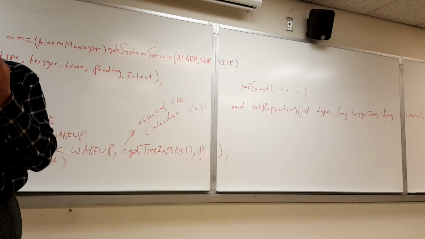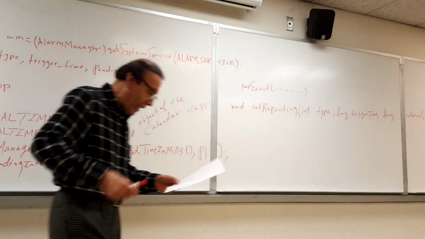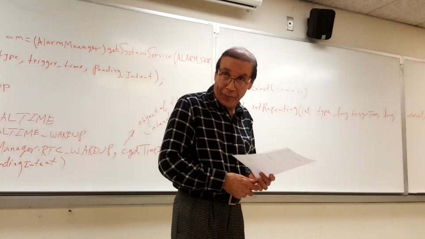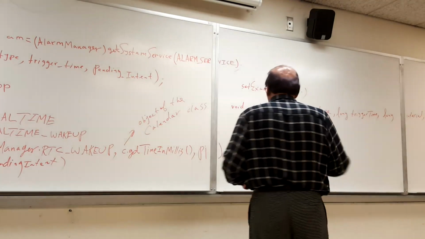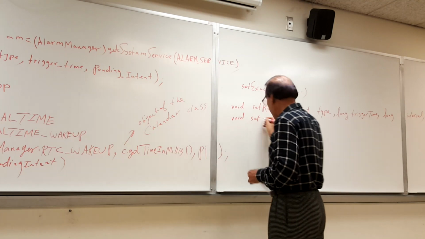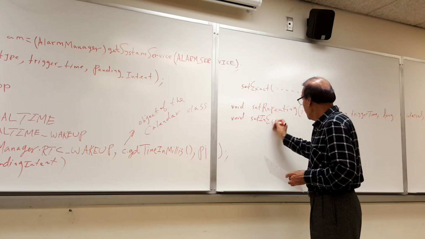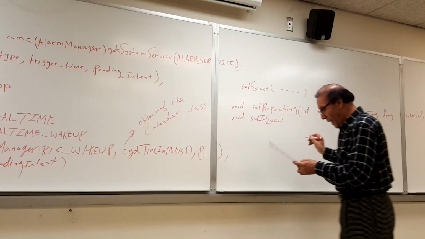So to fix the problem, they made something called set inexact repeating, void set inexact repeating.